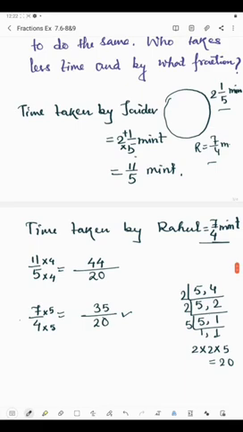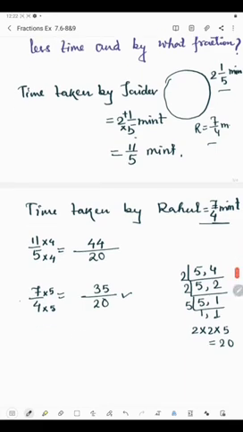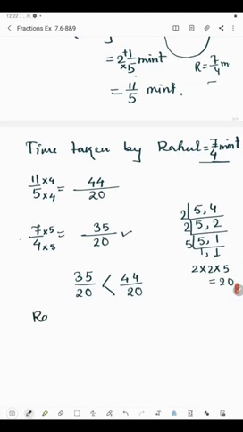Rahul takes less time to walk across the school ground. So we'll write 35/20 is less than 44/20. So Rahul takes less time.